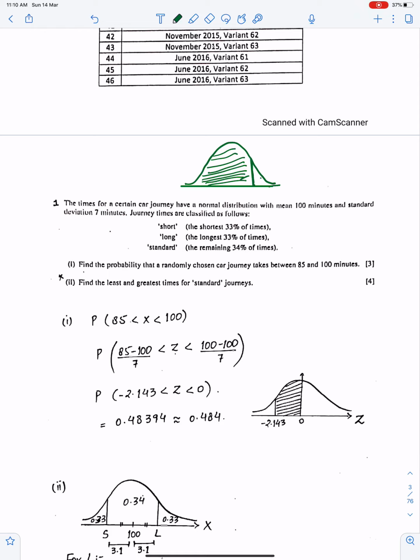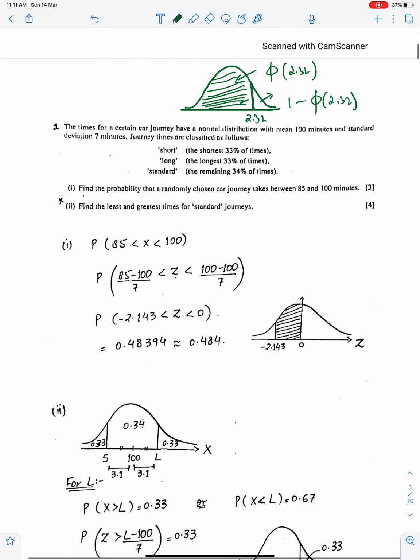So if you need this area through calculator, you need to first get this area. Let's suppose this is 2.32. So you need to get phi 2.32 through calculator and then subtract it from 1, like 1 minus phi 2.32. So please remember this thing.